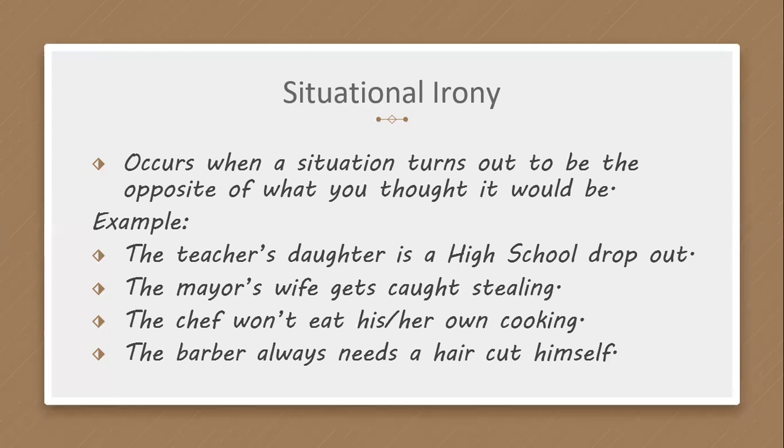We thought that being a mayor's wife would mean having enough money, right? But at the end, we caught her stealing. So it's a situation that turns out to be the opposite of what you thought it would be.